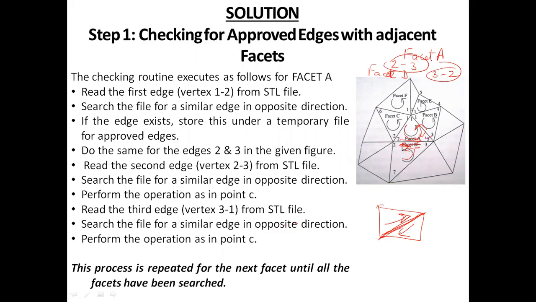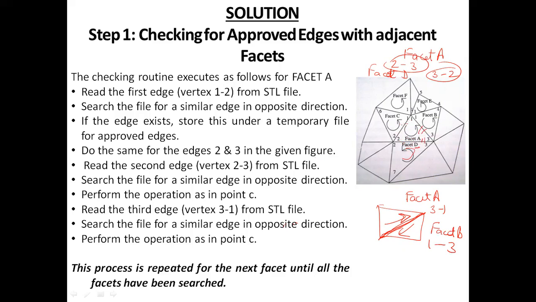Now I will go to the second edge, from 3 to 1. For facet A, the orientability is 3 to 1. This edge is shared with facet B. Checking facet B, I find the orientability is 1 to 3. So this edge is also valid.